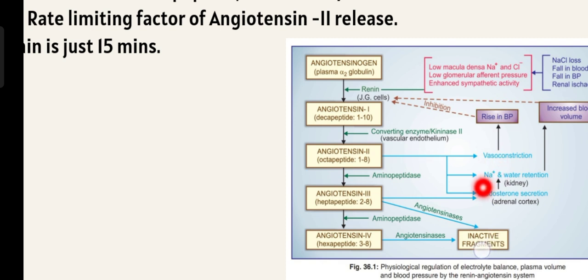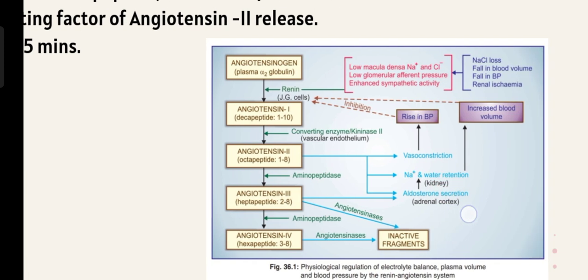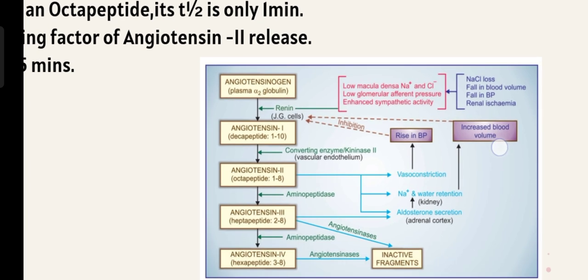Further, it will stimulate the adrenal cortex to release the aldosterone hormone, which will act on the distal convoluted tubule of the kidney, thereby promoting sodium and water reabsorption with the loss of potassium ions in the urine, thereby increasing the blood volume.